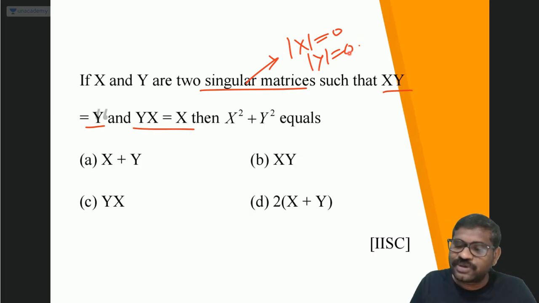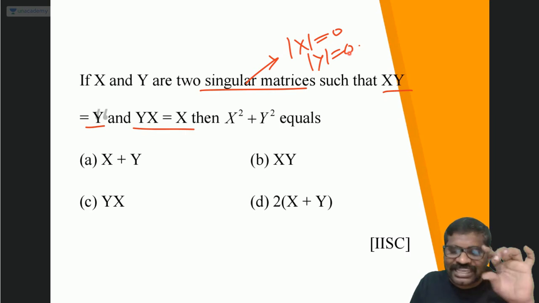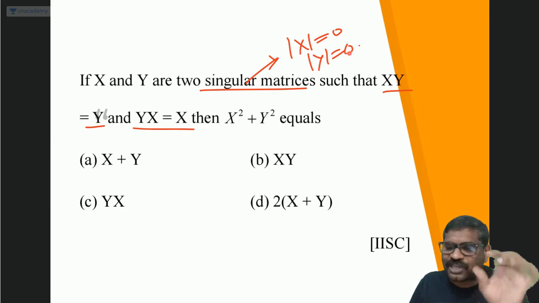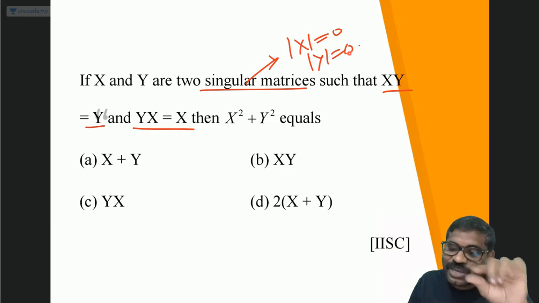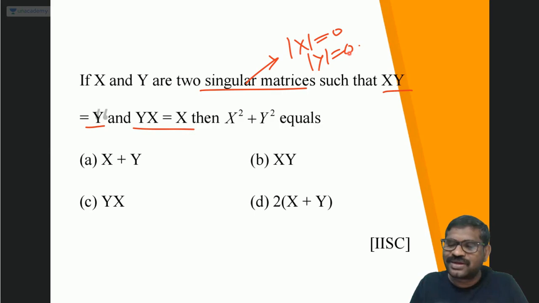They have given singular matrices because generally to solve this problem, whenever relations like XY equal to Y or YX equal to X are given, we have one mathematical practice. We multiply with X inverse or Y inverse on both sides. That's why they have given that hint.